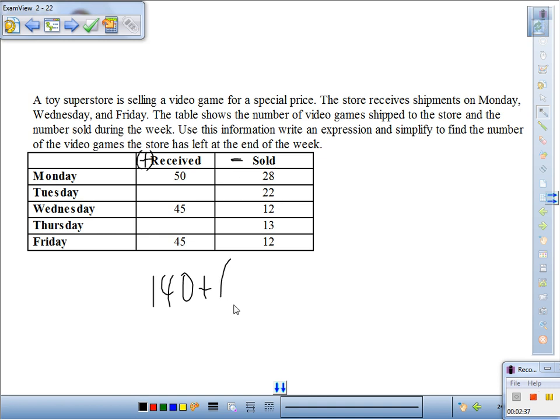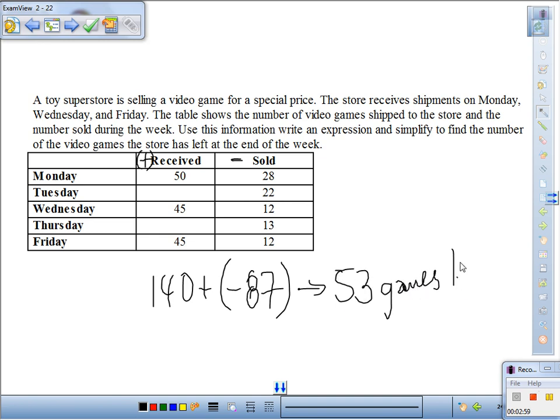So all of these are negative. 28 plus 22, that's 50, 60, 70, 87. Therefore 140 minus 87: 87 to 100 is 13, to 140 is 53 games left.